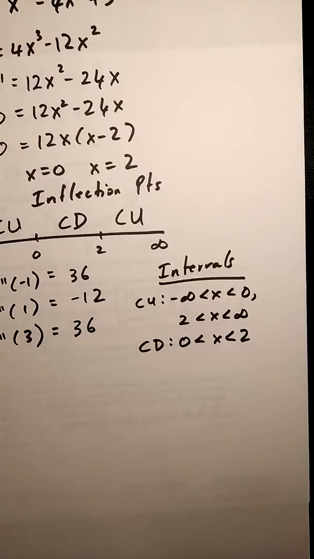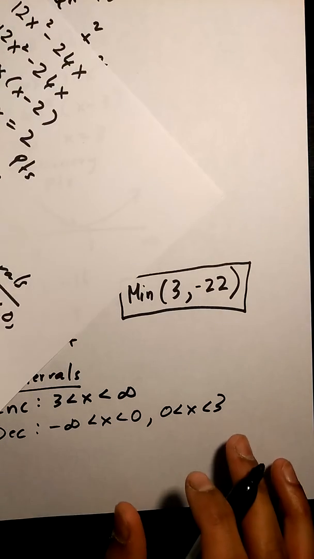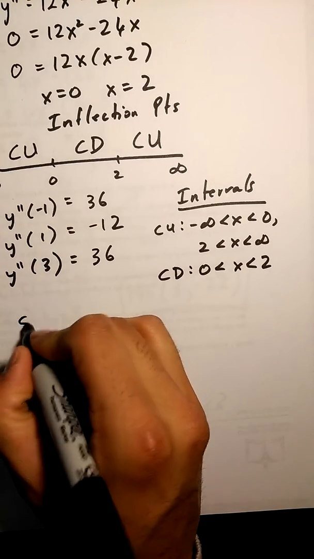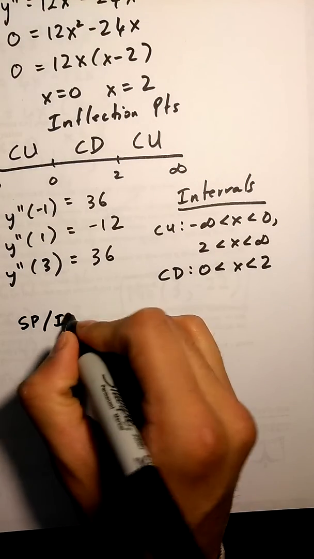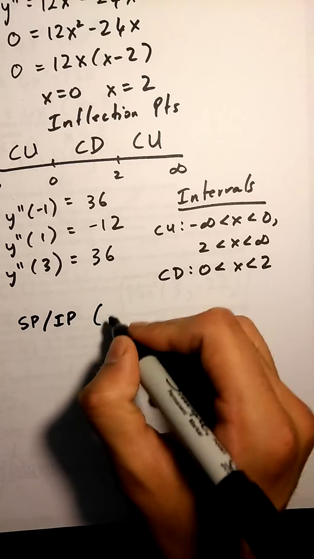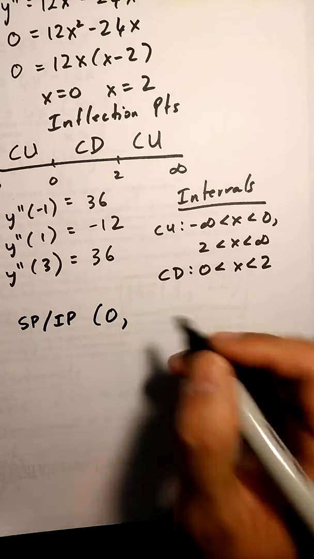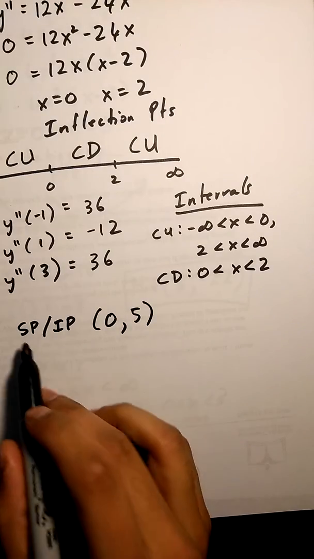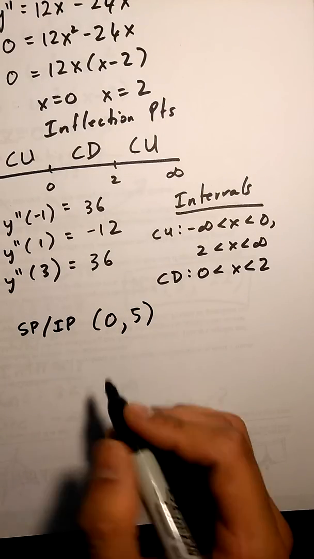So we know what our minimum is, 3, negative 22. We need to still find what our other points are going to be. Okay, so we have a stationary point and an inflection point, and the x value for that is 0. The y value for that will be 5. So remember, this is a stationary point and an inflection point.